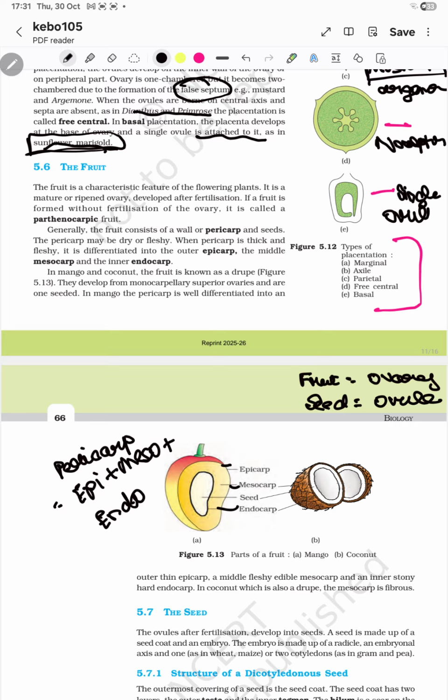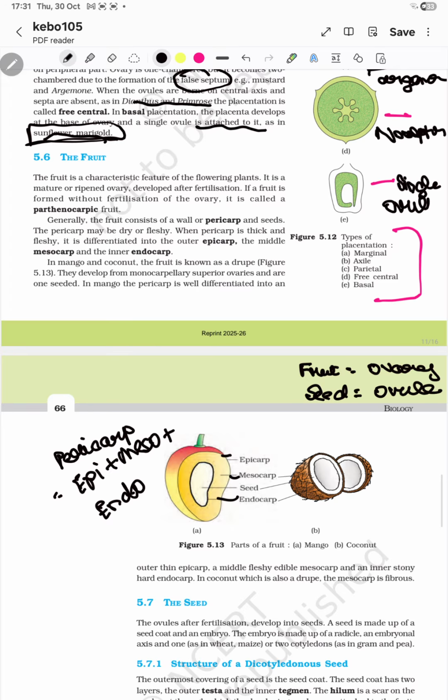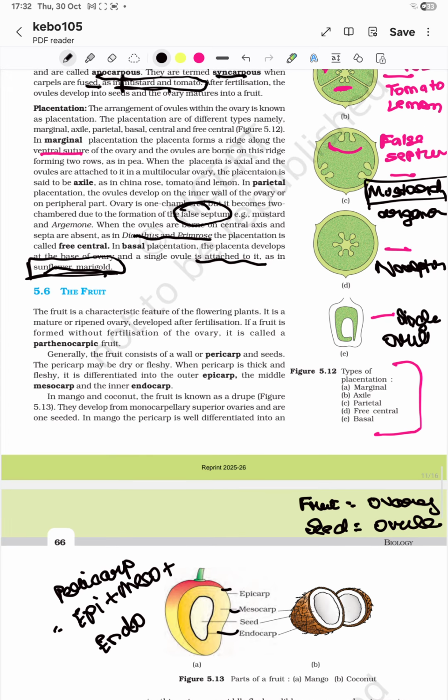Now, in mango and coconut, the fruit is called as a drupe. These develop from monocarpellary superior ovaries. It is only one. They will develop only from one carpel, which has an ovary. So monocarpellary superior hypogynous ovaries, and they have only one seed.